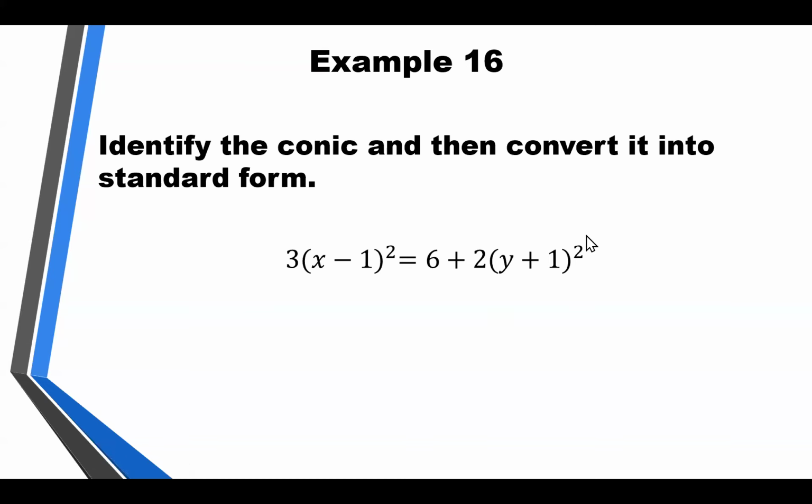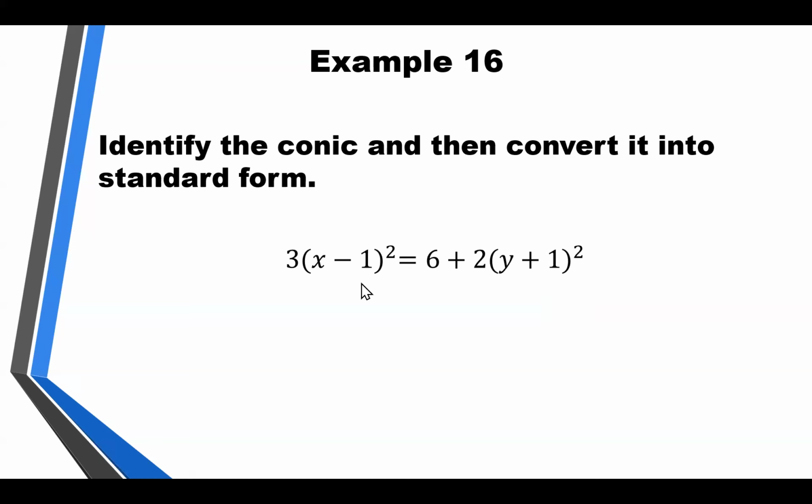Let's take a look at another example. Let's identify this conic and then convert it into standard form. In this case, I'm already given the x minus 1 squared part and the y plus 1 squared part. So I actually don't have to complete the square in this case. I already have a perfect square with my x, perfect square with my y.